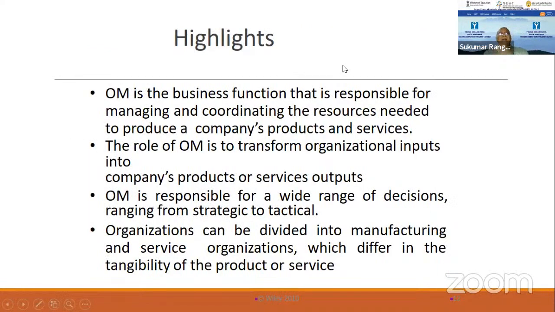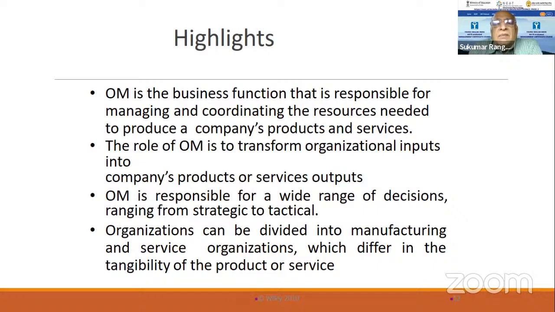Okay. So far, the highlights of whatever we have talked about are that operations management is a business function that is responsible for managing and coordinating the resources needed to produce a company's products and services. The role of operations management is to transform organizational inputs into the company's products and services, the outputs. It is responsible for a wide range of decisions, ranging from strategic to tactical.